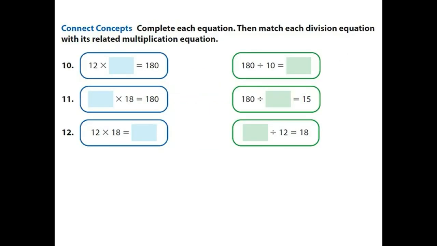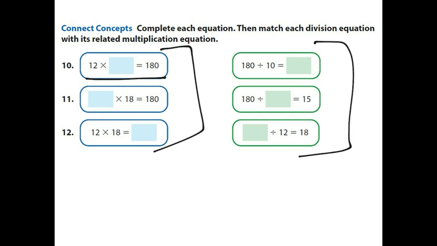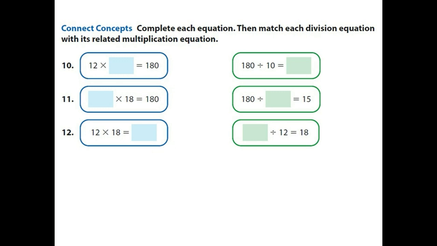All right, number 10, 11, and 12 wants us to complete each equation, then match each division equation with its related multiplication equation, right? So these multiplications are going to match one of these division problems.